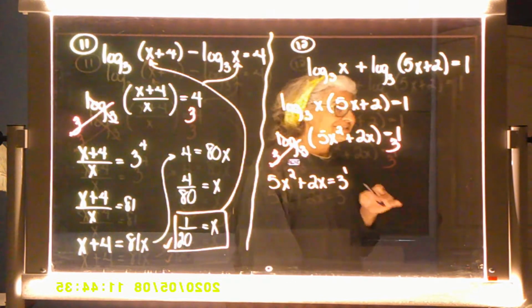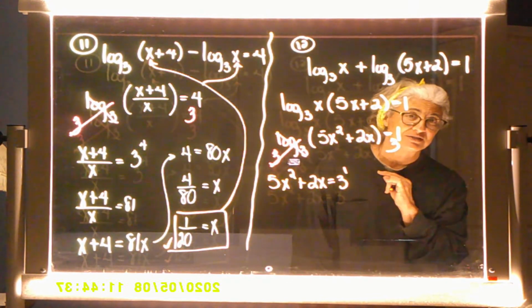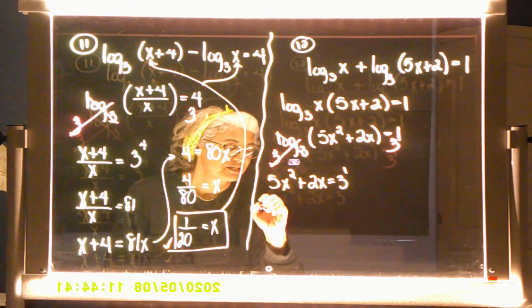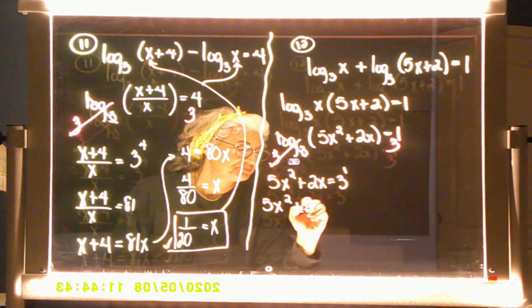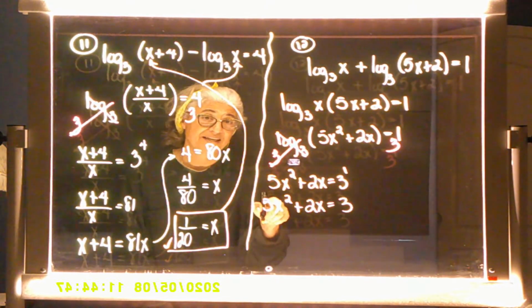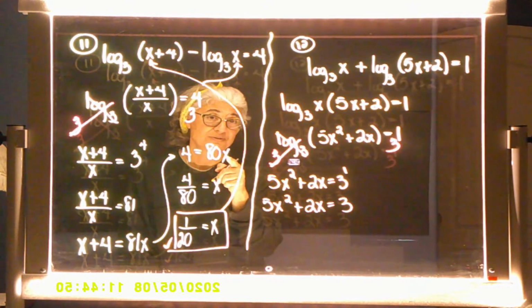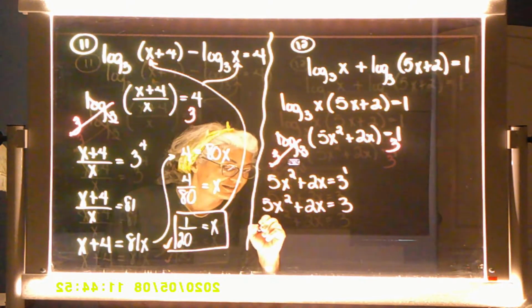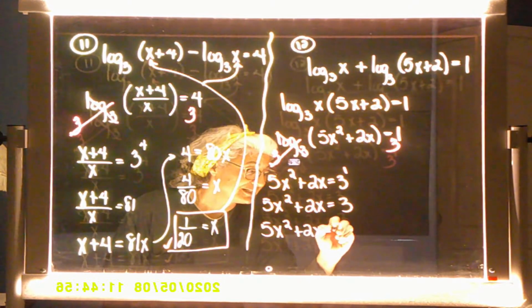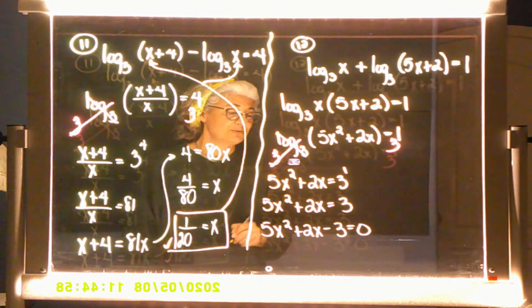And again, at this point, it's all algebra. So follow along. 3 to the power of 1 is just 3. I have this x squared once again, which means you're going to have to factor. Excellent. So we have 5x squared plus 2x minus 3 equals 0.